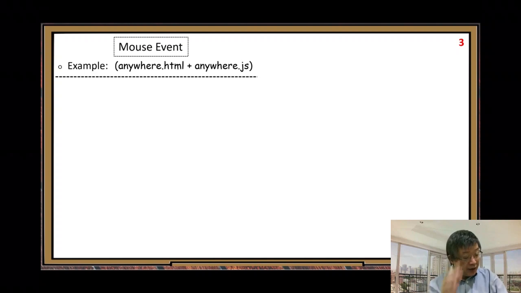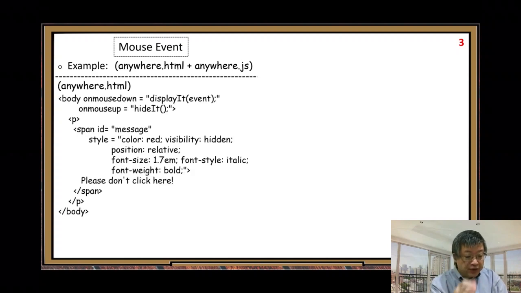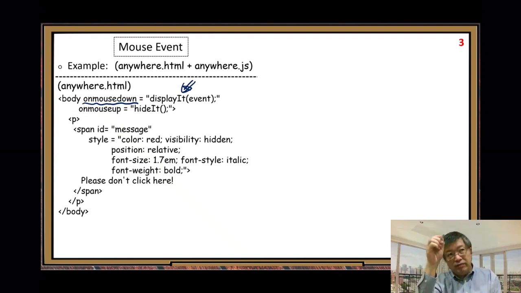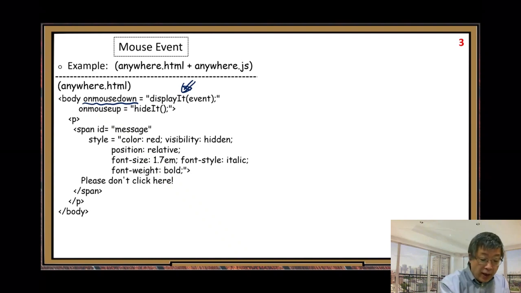Let's look at the code part. In anywhere.html, first we associate the mouse down event. The event has a name, onmousedown. When this event is triggered, this JavaScript function is called, with an event as the parameter.